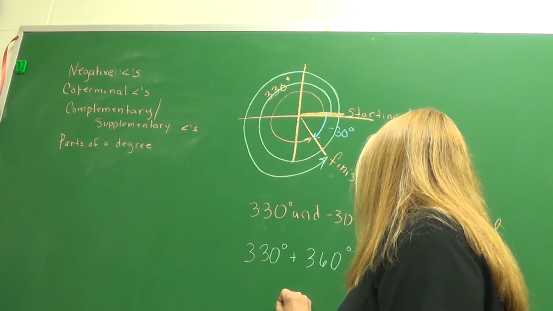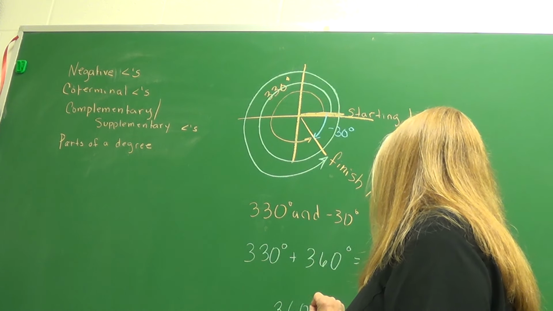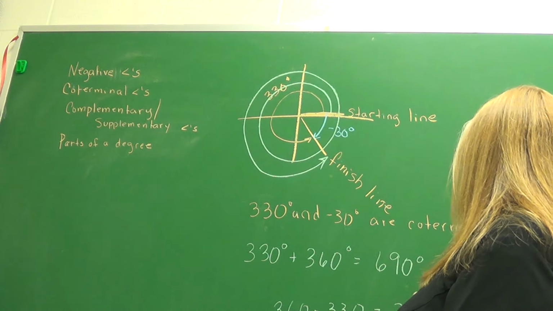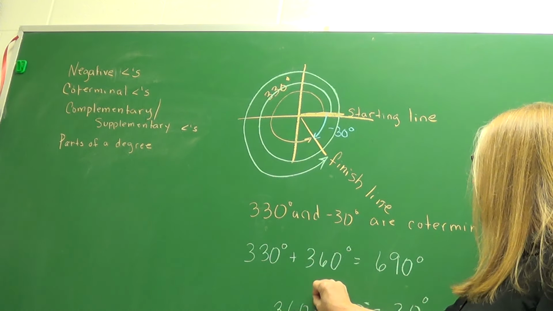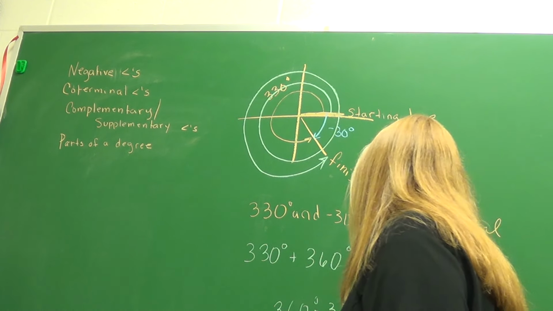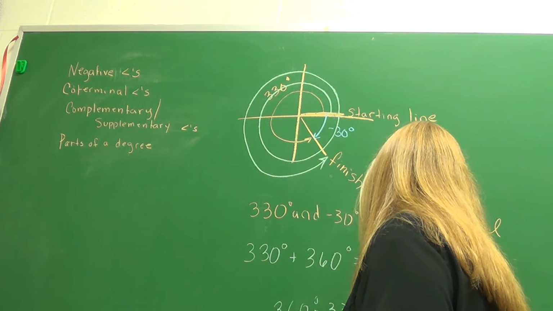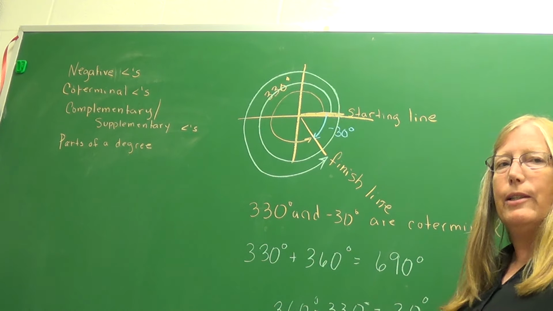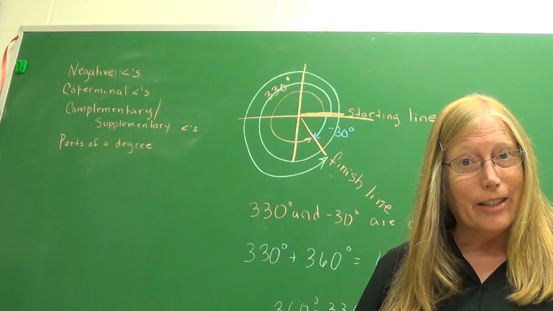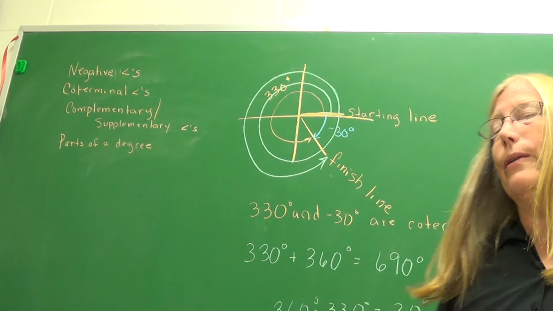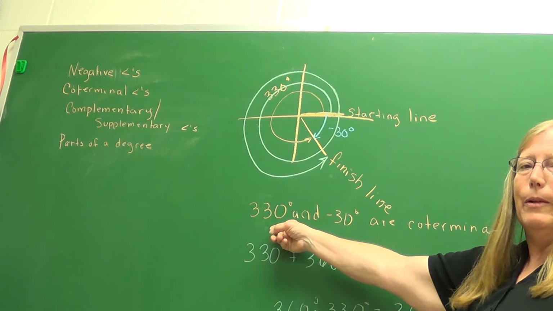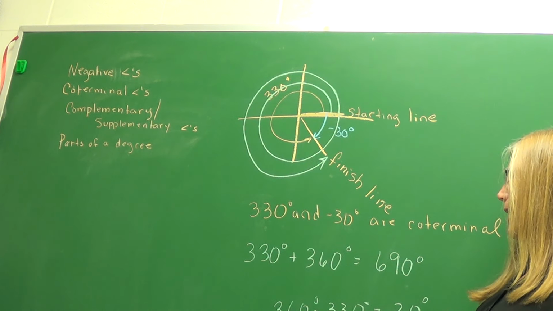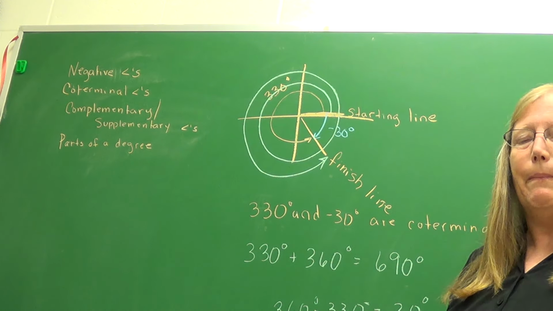To get coterminals, I did 360 minus 330 for this one, and then I noticed the direction it went in, so I put a negative sign. And then I did 360 plus 330 to get 690. Some of my students who didn't feel like understanding this concept, which is not like any of you, would just take the number in the problem and add 360 to it and subtract it from 360 and get the answer. So that pattern will hold true.